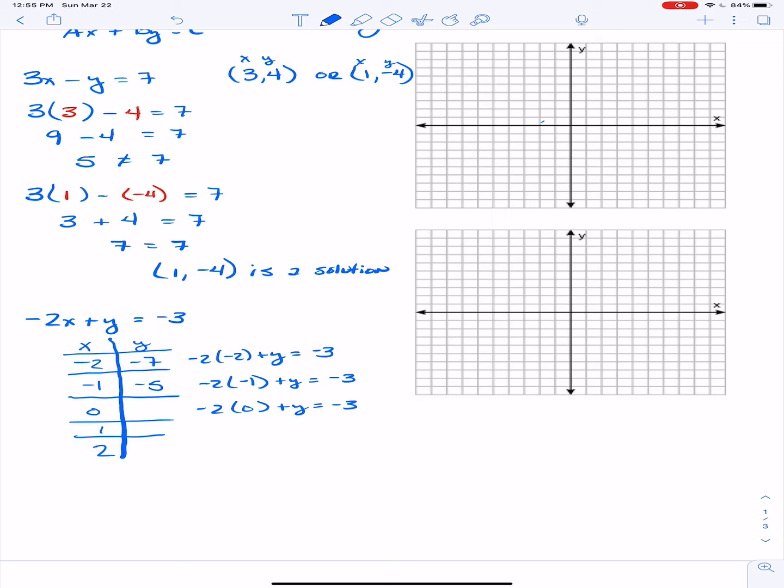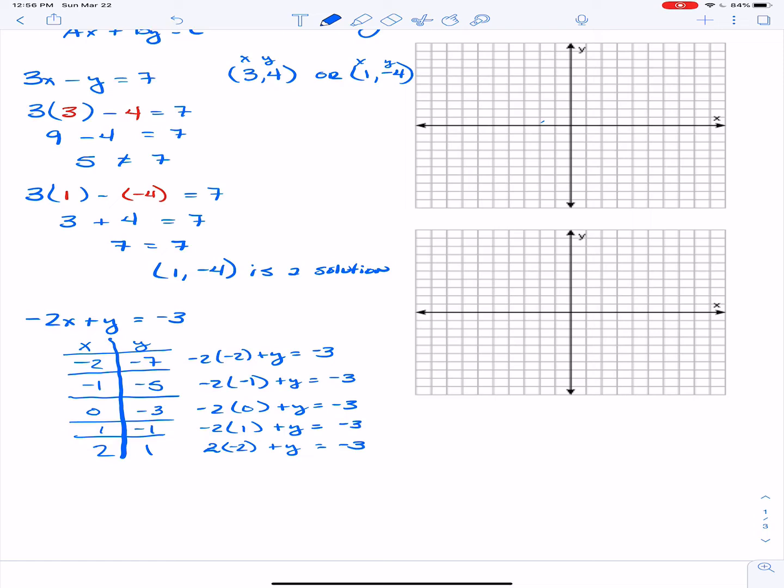That's going to give me negative 3 as my output. Negative 2 times 1 plus y equals negative 3. That's going to give me negative 1 as my output. And then, last but not least, negative 2 times 2 plus y equals negative 3, and with this input, I'm going to get the output of 1.